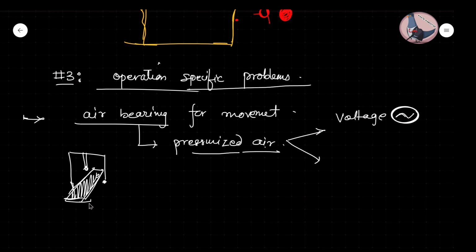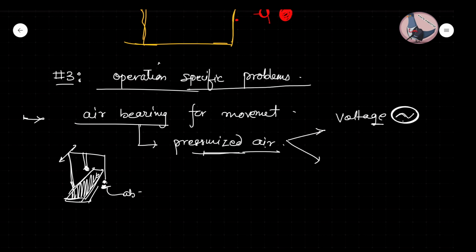So this here was the air bearing, and this movement was very smooth because of this air bearing. Now I am saying that if your electricity voltage is varying, then the pressure will vary, the air cushion at this point will vary, and this movement will not be smooth. So the vibration will come, and then the trouble will come.